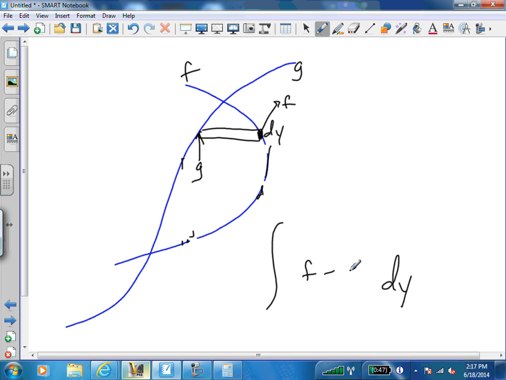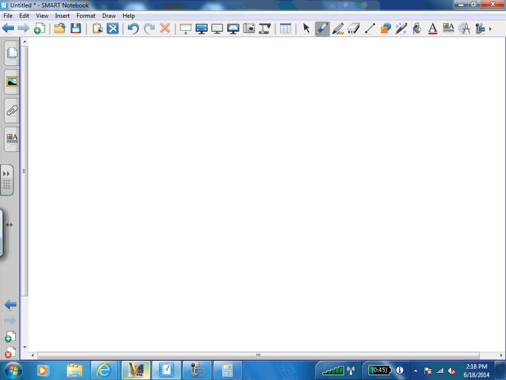So F minus G, from here to here. We could call that Y1, that Y2. It's not the x value here and the x value here, it's the y value because we're dy. So whatever this y value is and whatever that y value is will give us A to B. All right, so that's area between two curves.